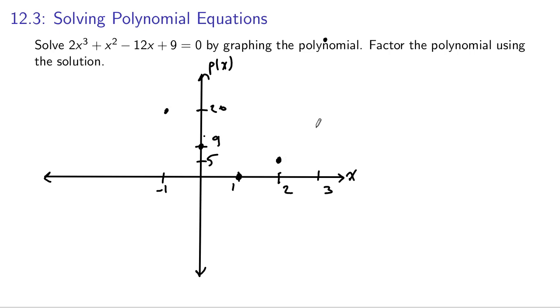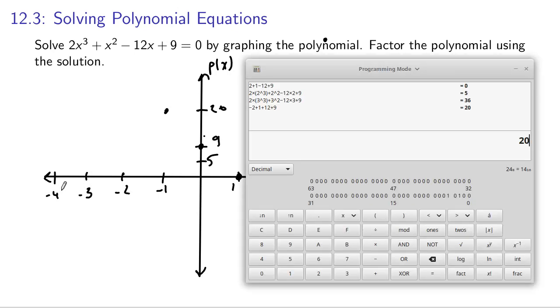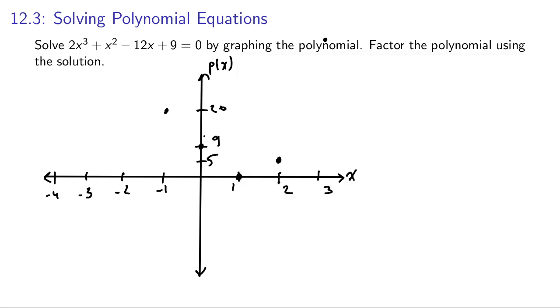Let's go ahead and do negative 2. We'll put in negative 2 and negative 3, and we'll even try negative 4. Let's see what happens here. Negative 2, we get 2 times negative 2 cubed should be negative 16, plus negative 2 squared is 4. Negative 12 times negative 2 would be plus 24, plus 9, gives us 21 at negative 2.